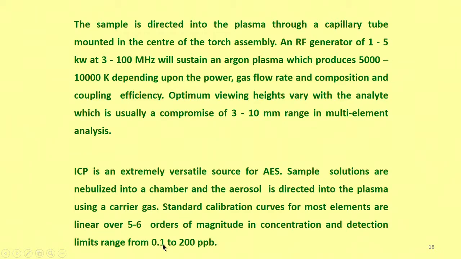Parts per billion is how much? 10 raised to minus 9. Okay. 0.1 ppb, 1 ppb is 10 raised to minus 9 gram, 0.1 is 10 raised to minus 10 grams, correct. Quantitatively, that is the minimum you can determine.